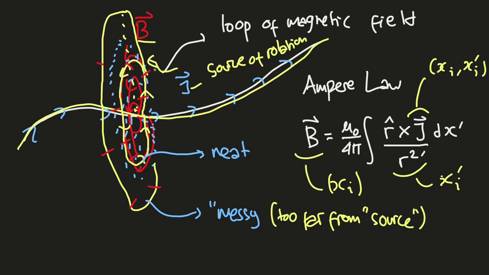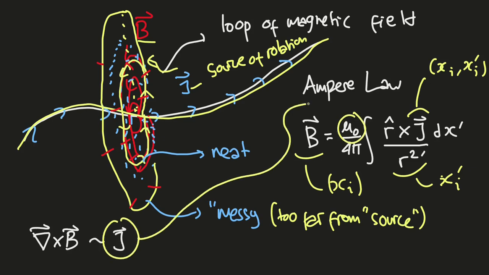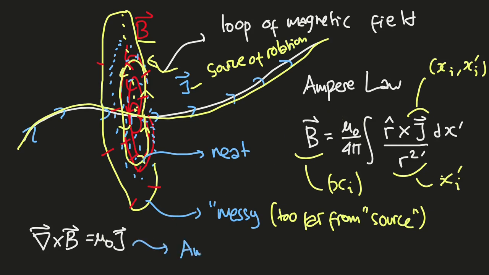So by intuition, using Stokes theorem, we get that nabla cross B is proportional to J capital, and because of this mu0 and this J capital source, nabla cross B equals this, a result known as Ampere law in differential form.